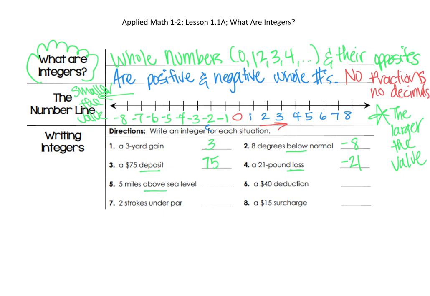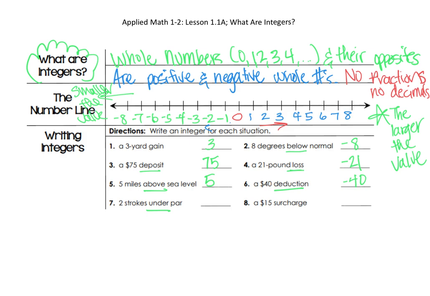5 miles above sea level. Above is increasing, going up, so it's a +5. A $40 deduction. To deduct, that is losing value. That means to get smaller, so we're going to say -40 here. 2 strokes under par.